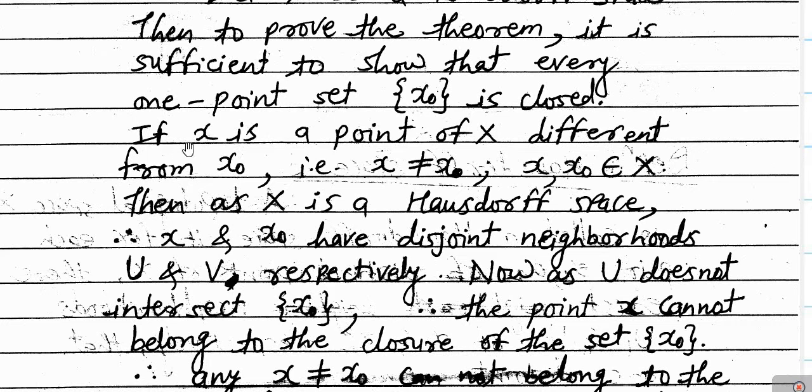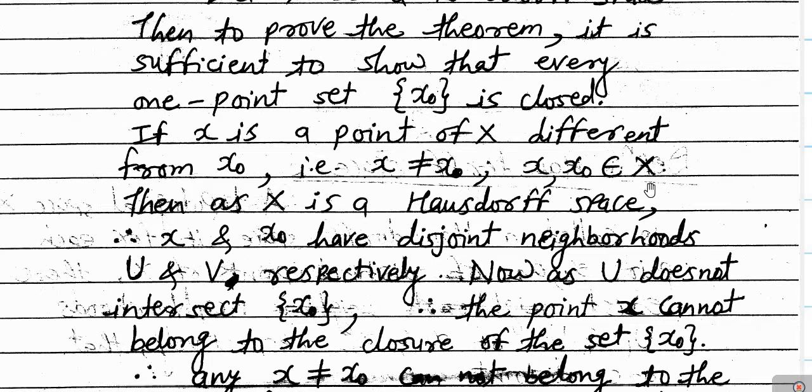Next, let x be a point of the Hausdorff space X different from x0, that is, x is not equal to x0, where x and x0 are two distinct points from the Hausdorff space X. Then use the definition of the Hausdorff space, as x and x0 are distinct points from the Hausdorff space.